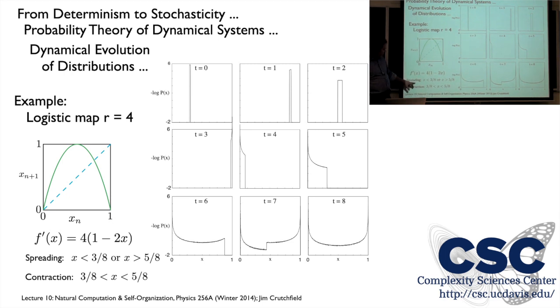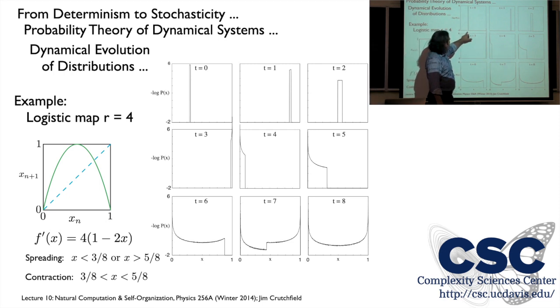The slope is greater than 1 when x is less than 3/8 or greater than 5/8, so we'll have spreading. But between those two values, the slope is less than 1, so we'll have some concentration of the probability. This is a more complicated, more interesting case. Depending upon where we start in the interval, we might have lots of spreading or some shrinking. So here's the consequence of that.